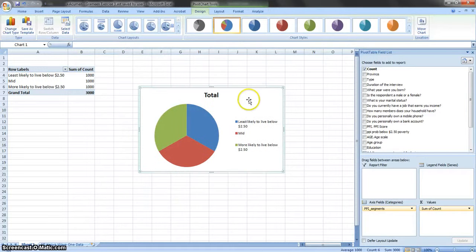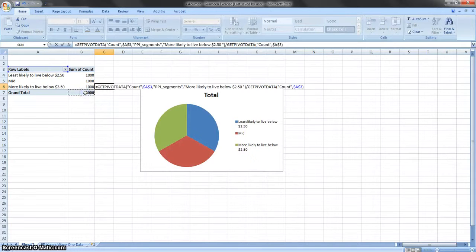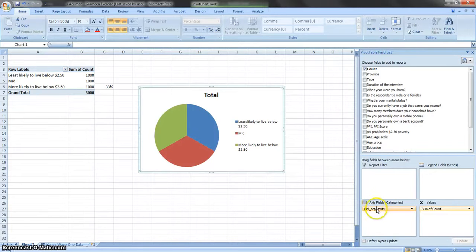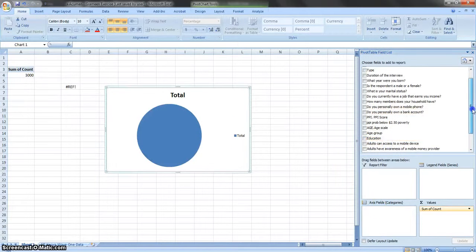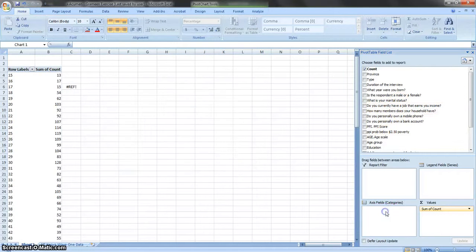So you can see that we have 33.3% of the cases in each of them, and you can also get this by doing a formula. You do 1,000 divided by the total population, and you get 33%. So now let's change PPI segments, and let's see the distribution of age.